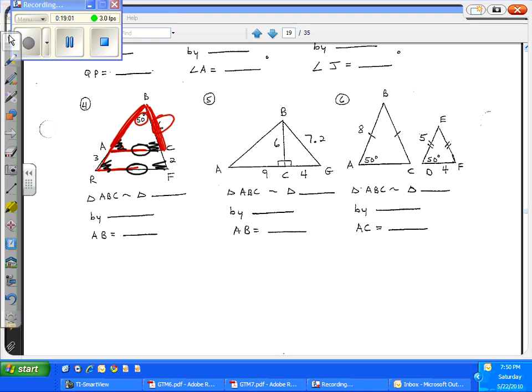We don't have sides of the one angle to try to prove it by side, angle, side, and we don't have all three sides to try to prove it by side, side, side, and so we can reach no conclusion about number 4. Okay? We really can't say they're not similar. We just don't have enough information to say they are, so we're going to put no conclusion.